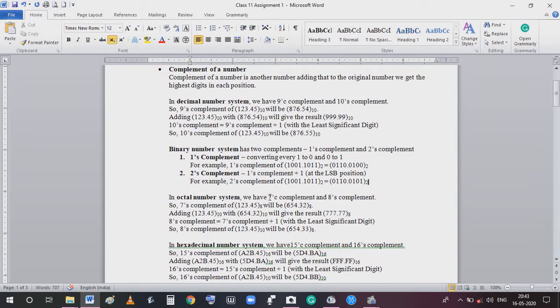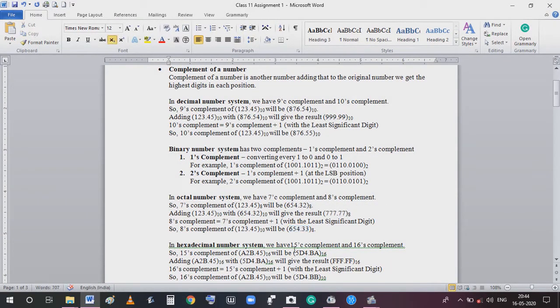Now let's come to the octal number. Octal number has 2 complements, 7's and 8's complement. For 7's complement, you have to subtract the entire number from 7's value. So 123.45 subtracted from 777.77 will give you the 7's complement, and 8's complement is 7's complement plus 1 in the least significant digit, thus this value.